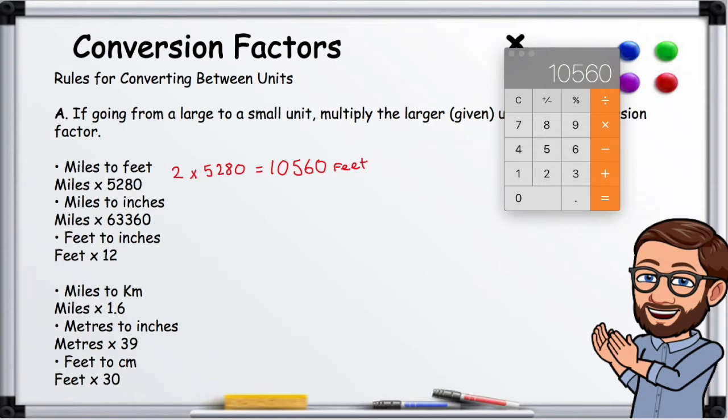So let's try miles to inches. This is going to be an even bigger number. So let's say if we convert 3 miles to inches, let's see what we get. So it would be 3 multiplied by the conversion factor. And that conversion factor is 63,360 inches.